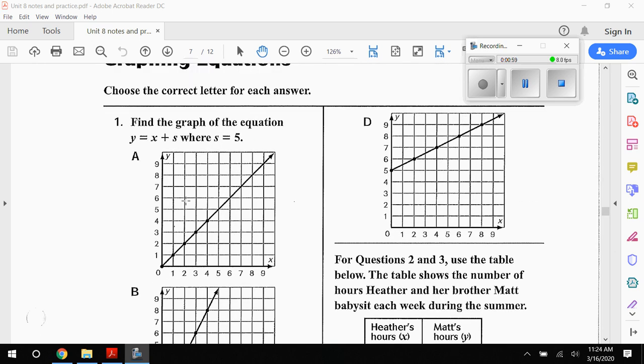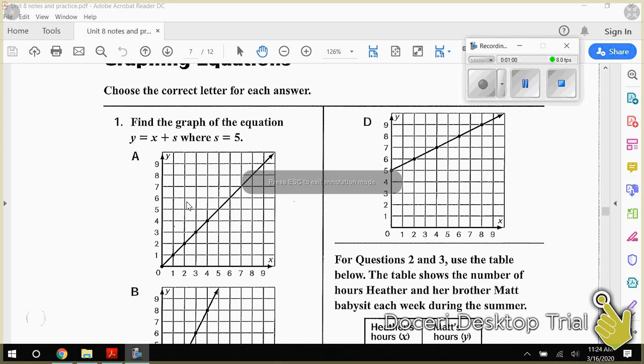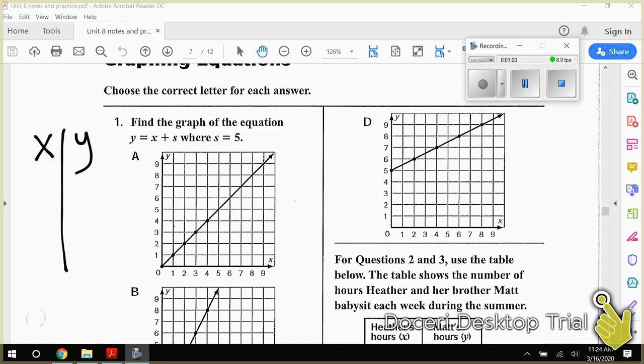So let's go ahead and throw together a little t-table. What I like to do is say x and y, because I have the variables x and y. Now, we also have s, but we know what s is. S is 5.